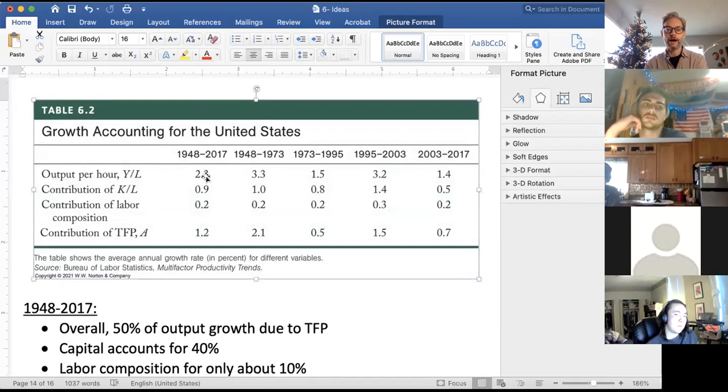The growth in output per hour is 2.3%. What was the growth rate in capital per hour? 0.9%. What was the change in labor composition? 0.2%. And so as a residual, what was the contribution of A, total factor productivity? It was the rest. So basically, if you take 2.3% minus 0.9%, minus 0.2%, you get 1.2%.